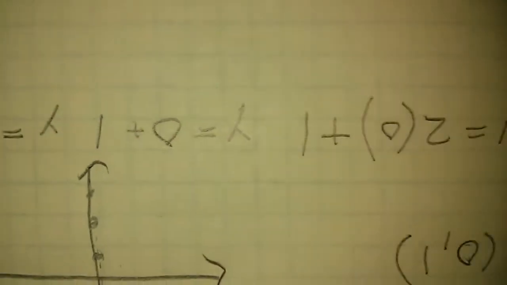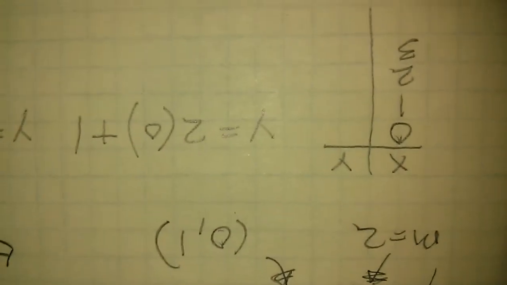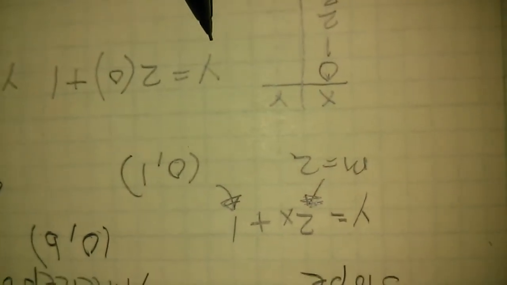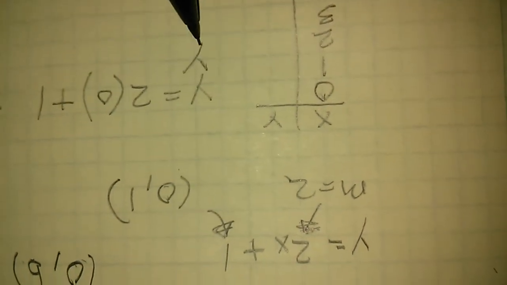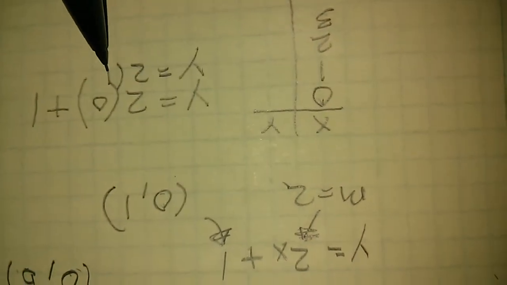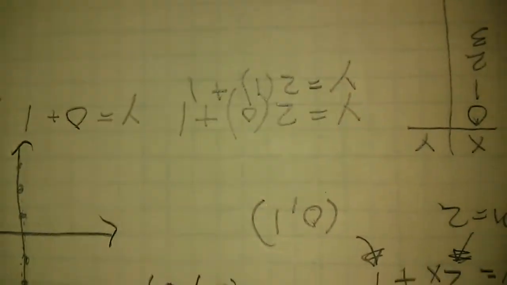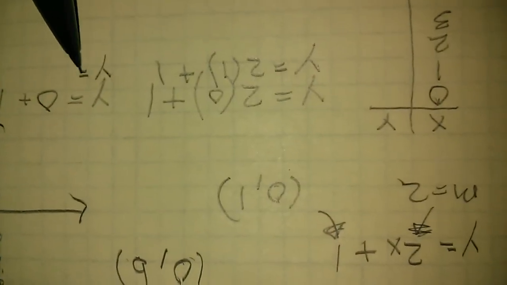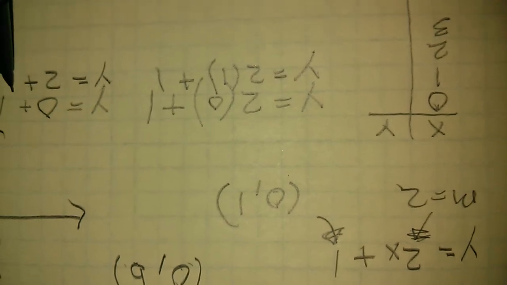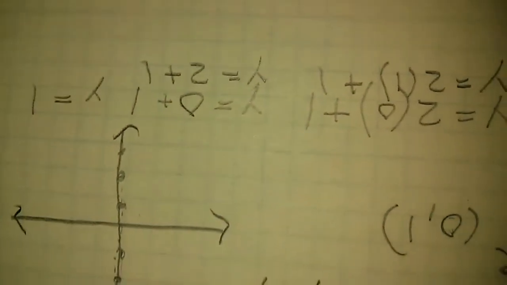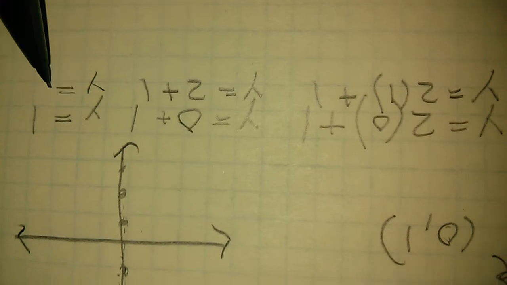No surprise there. Now let's plug in a 1 for x. So y equals 2 times 1 plus 1. Follow order of operations. 2 times 1 is 2. 2 plus 1, y equals 3.